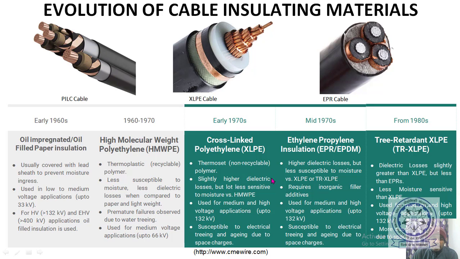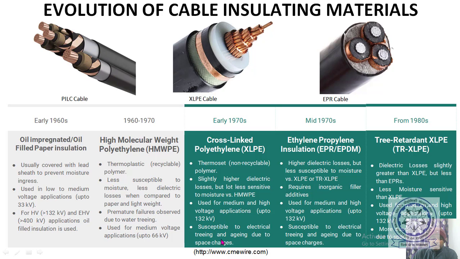It has slightly higher dielectric losses compared to HMWPE, high molecular weight polyethylene. But compared to HMWPE, it is less sensitive to moisture, and is used for medium and high voltage application up to 132 kilovolts successfully. Of course, even higher voltages are also available with XLPE now.